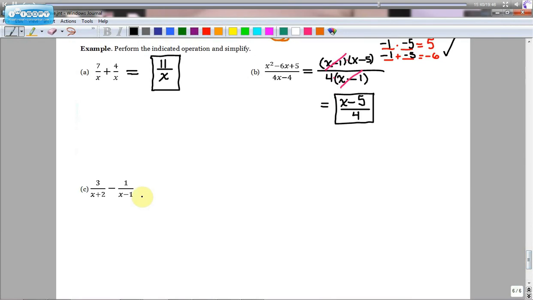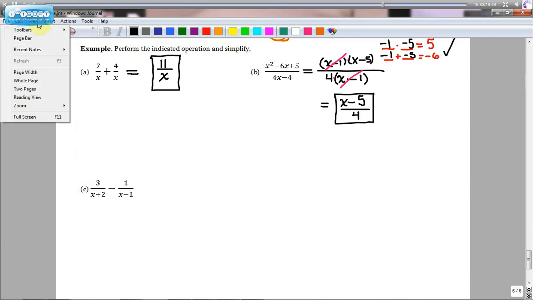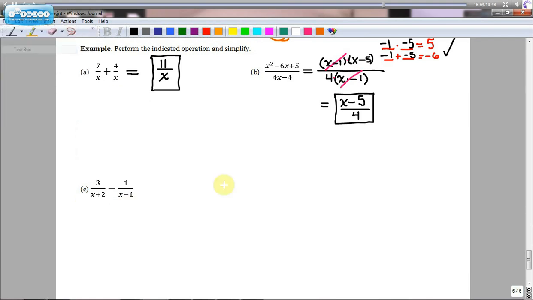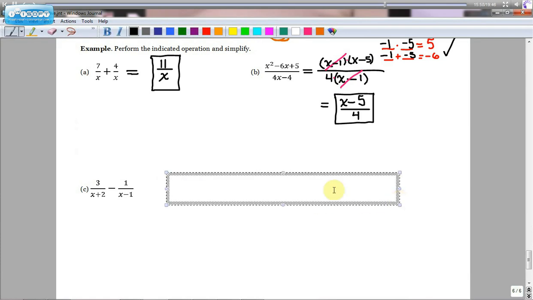Okay, last for part C, we want to subtract these two fractions. To subtract, you have to have a common denominator. One way to get a common denominator is by multiplying the denominators together. It's not necessarily the least common denominator, although it will be in this case, but it's something that will always work.